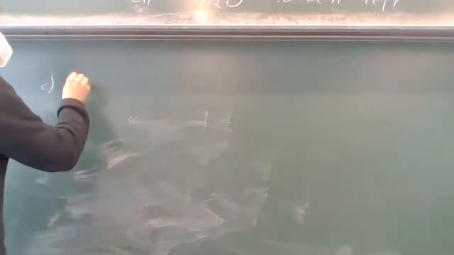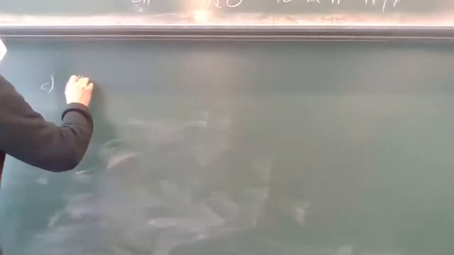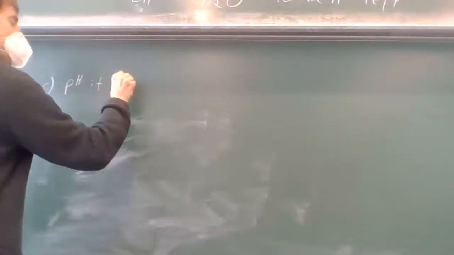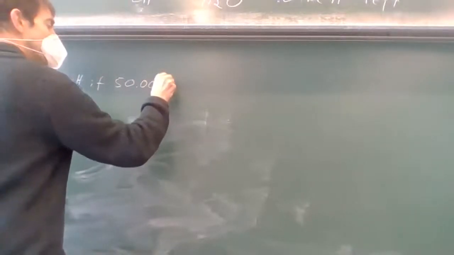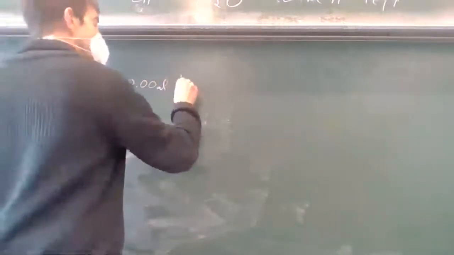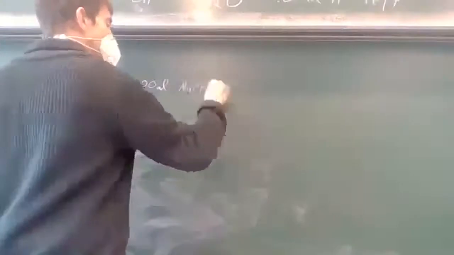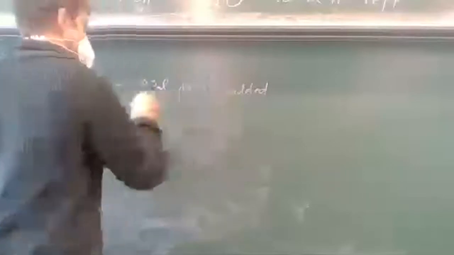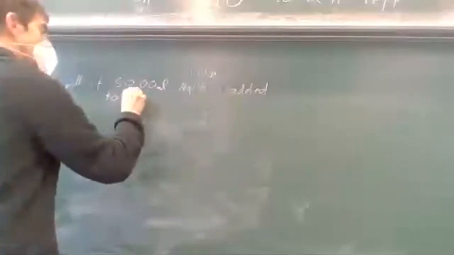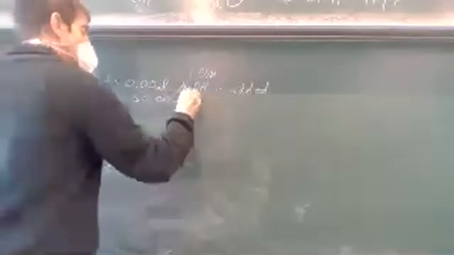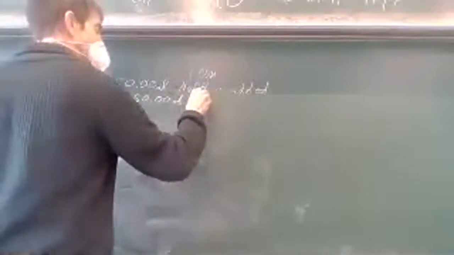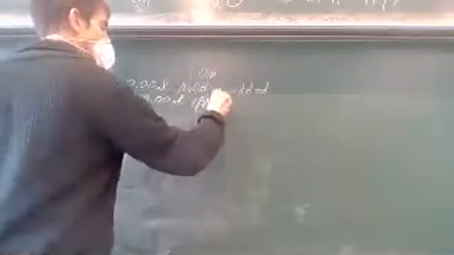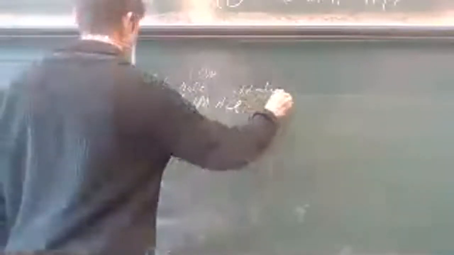If I got a strong and a strong, and 50.0 milliliters of NaOH is added to 50 milliliters of 1 molar HCl. So what if I got 50 and exactly 50? And what's the pH going to be?